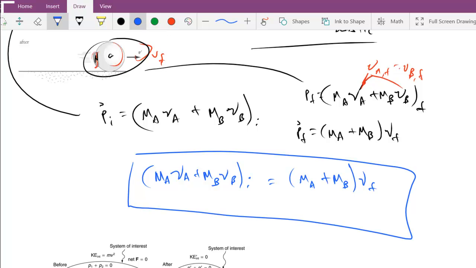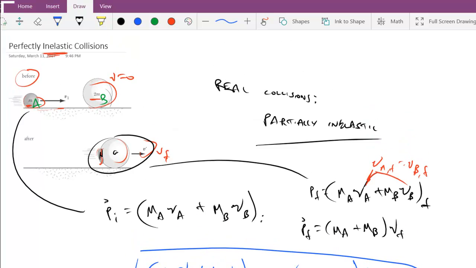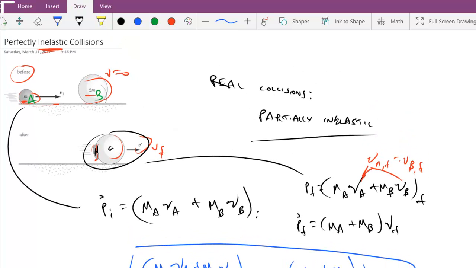An important thing to note with inelastic collisions, though, is that there was some energy associated with mass A here. It had some kinetic energy. This one was at rest, so its kinetic energy was equal to 0.